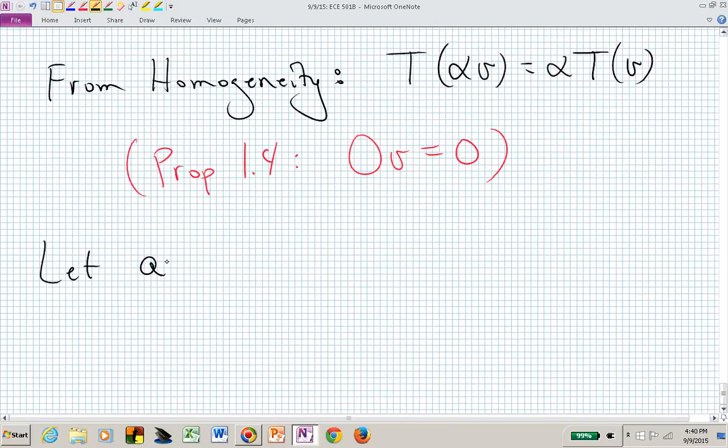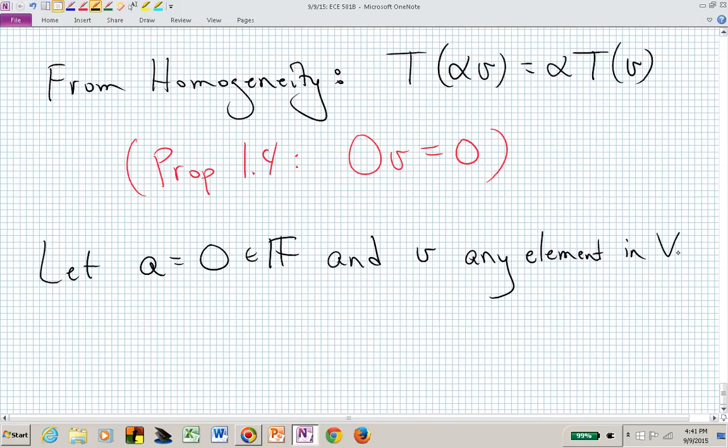First, let's let a, the scalar, be 0, and that exists or is true in either R or C, the reals or the complex numbers. And let's let V be any element in our input vector space V.